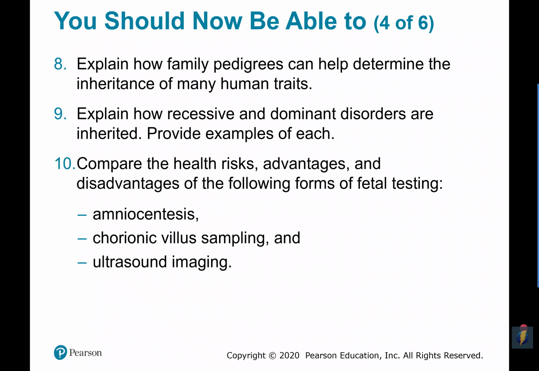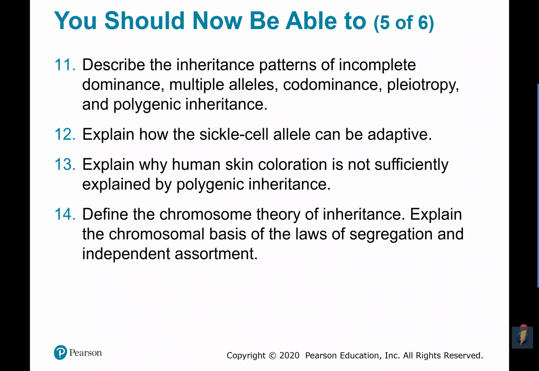We talked a little bit about fetal testing. Then those oddballs, right? Incomplete dominance, multiple alleles, codominance, pleiotropy, polygenic inheritance, and how it runs counter to Mendel.